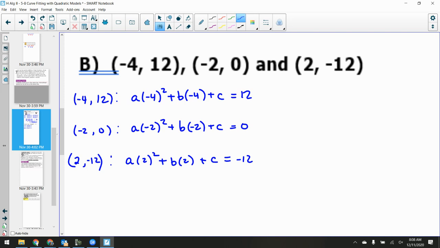Now, be careful here. Watch out. When I go to square, I need to evaluate these squares, right? To get what my numbers should be in the matrix, I need to evaluate all of these squares. So that's going to get me 16a minus 4b plus, and I like to put a 1c there, is equal to 12.